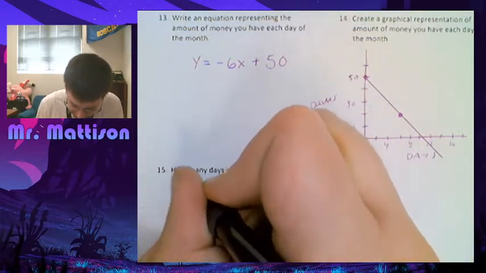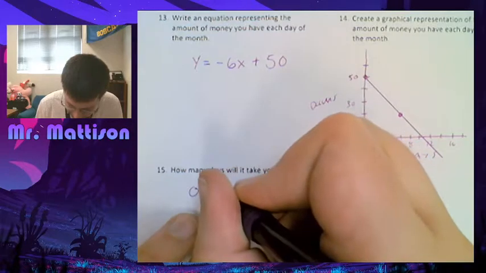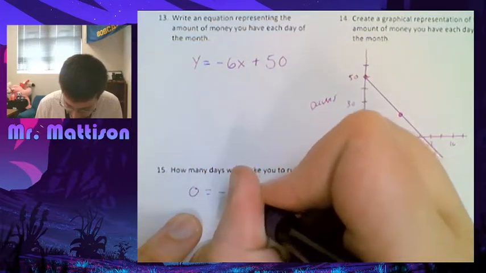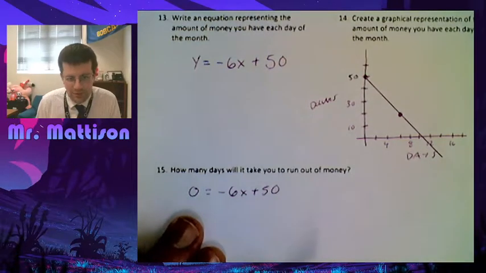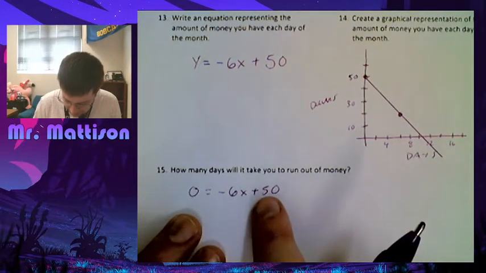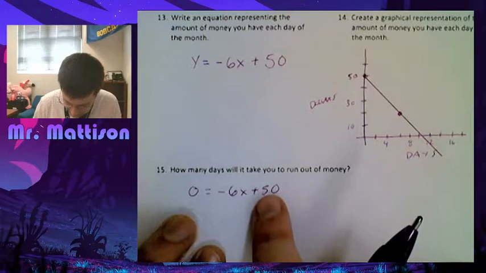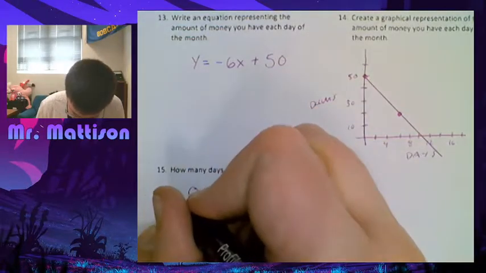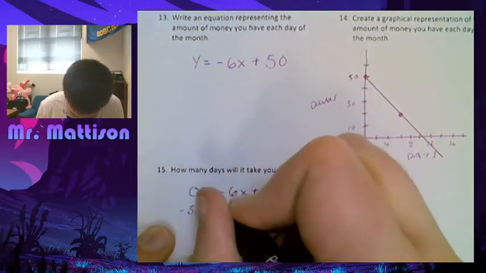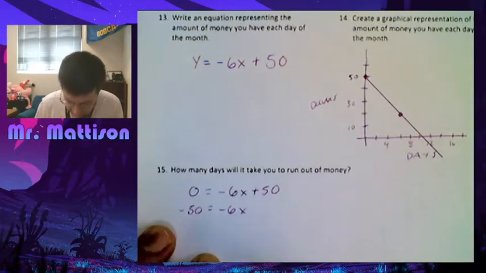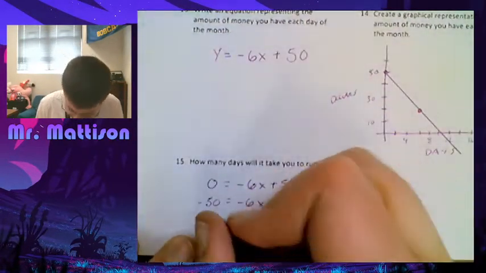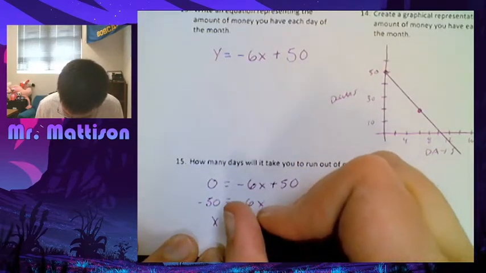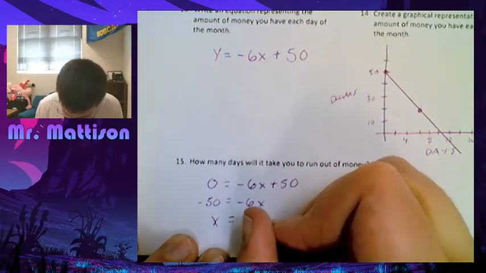So 0 is equal to negative 6x plus 50. Right? So then I'm going to subtract the 50. And then I need to divide by negative 6. So I'm going to get x is equal to negative 50 over negative 6.